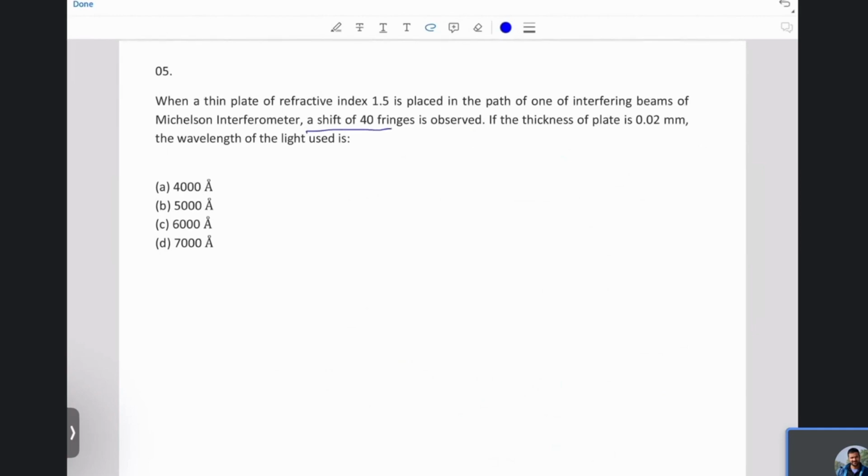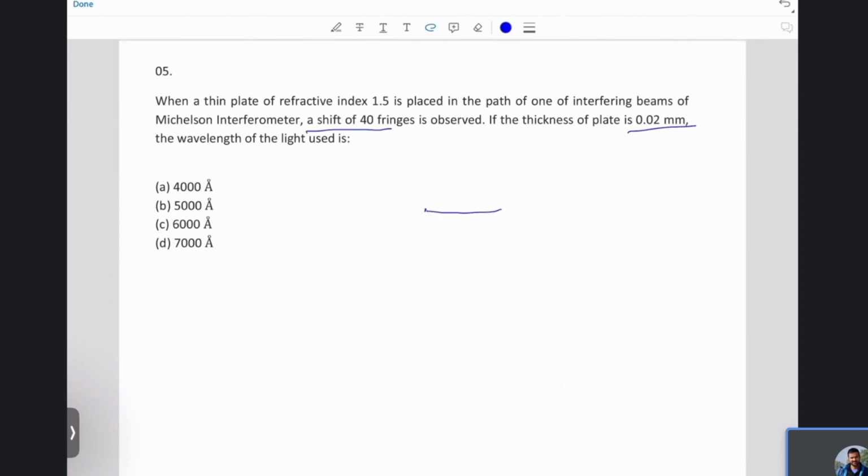Now, if the thickness of the plate is 0.02 mm, the wavelength of the light used is?